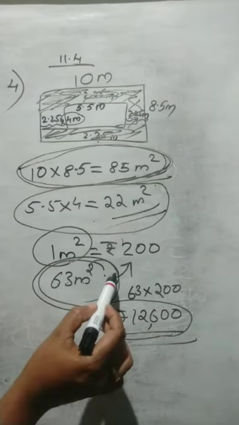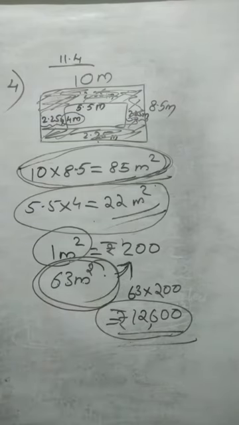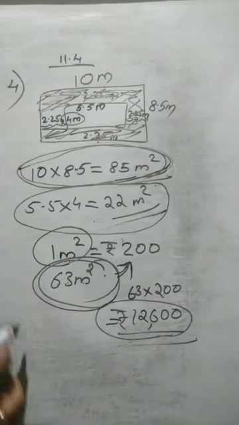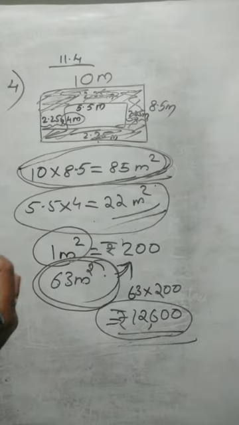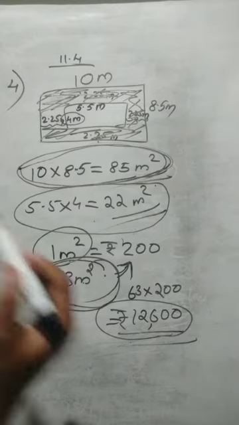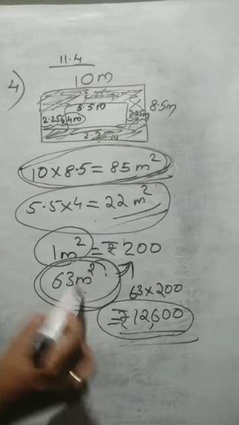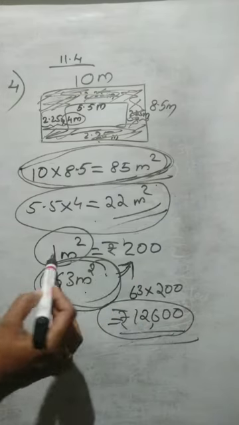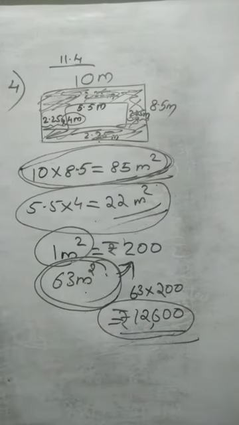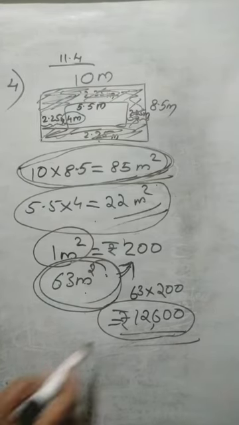We have to multiply the total area. How much do we need to cement this floor? What is the area? That square meter we have to multiply with the 1 meter square cost. That will be the total cost.